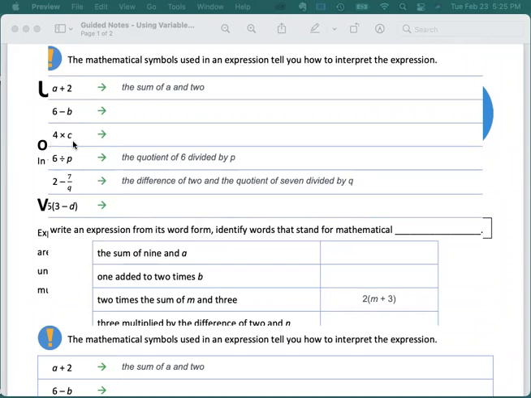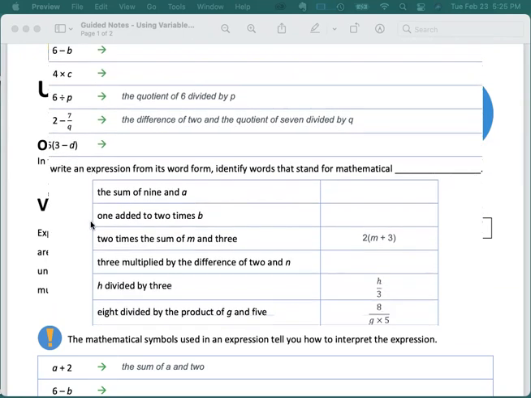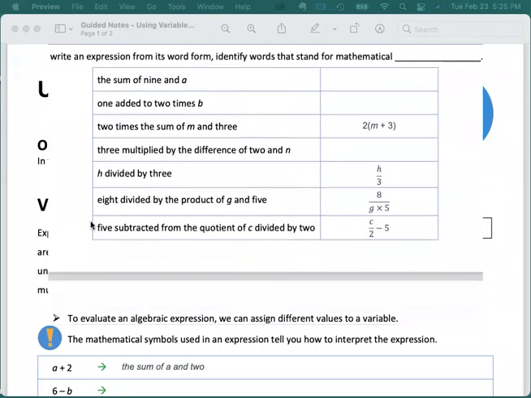The product of 4 times c, the quotient of 6 divided by p, the difference of 2 and the quotient of 7 divided by q, the product of 5 and the difference between 3 taken from, or d taken from 3. So those are different expressions. Expressions don't have equal signs. They're just like little math sentences.